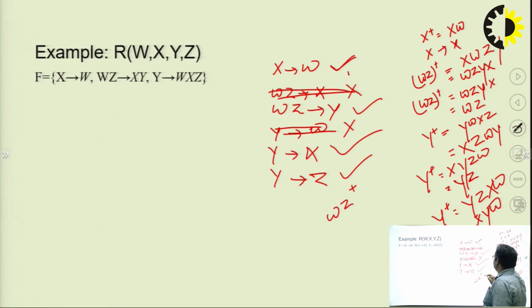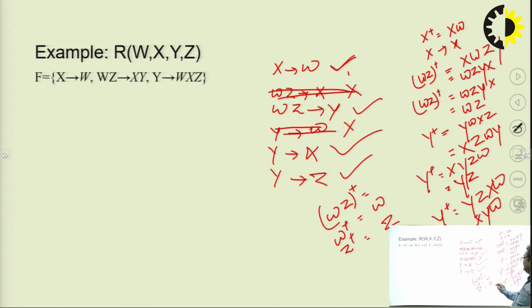As on the right side also, some extra attributes are possible. To check, we get the closure of W and the closure of Z. The closure of W is W and the closure of Z is Z. The closure of WZ is WZ, so these are different.